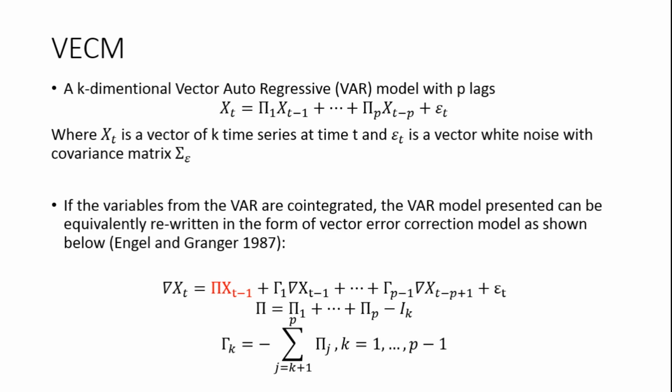We have a term in red which represents an error correction term, but in this case we have a matrix coefficient P that is used in an analogous manner to the case of only two variables.